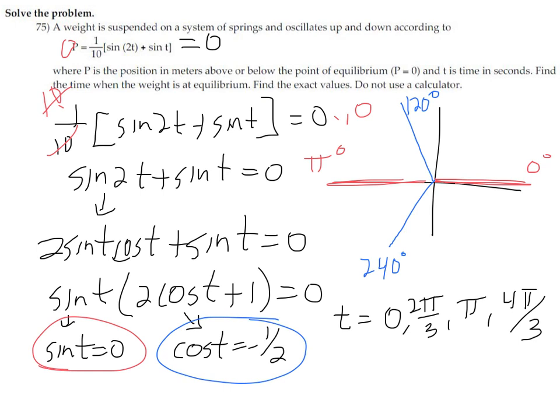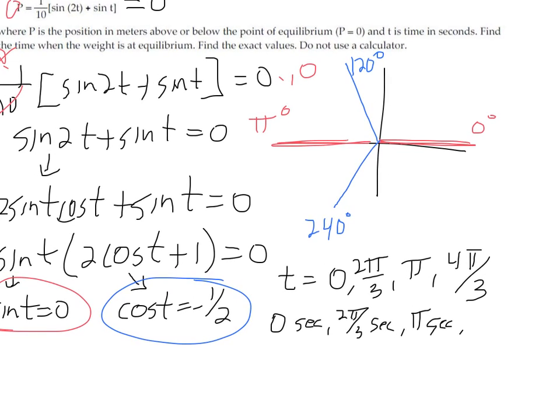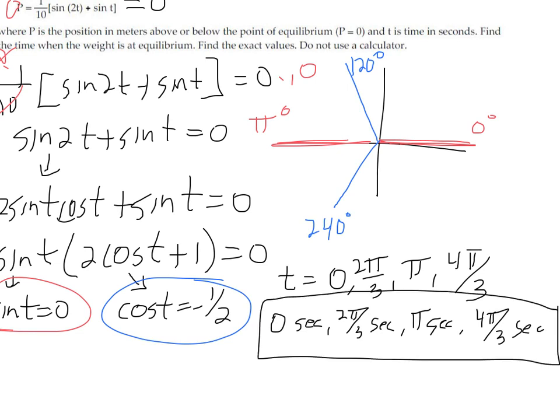That's just one time around the circle. That matches up with the key other than having seconds, so it's 0 seconds, 2 pi thirds seconds, pi seconds, as the story problem would give it a story answer, and one more, 4 pi thirds seconds. That's the answer in the key.